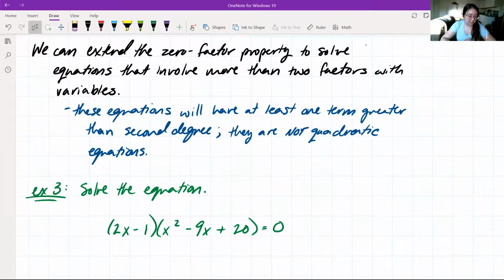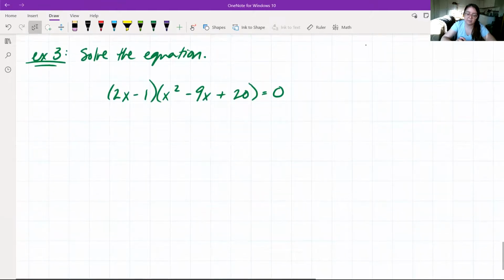But instead, these are just two separate equations that we're setting equal to 0. So we're using our zero factor property in this case. But we're not solving for a quadratic equation, so it is a little different. We have 2x minus 1 times x squared minus 9x plus 20.